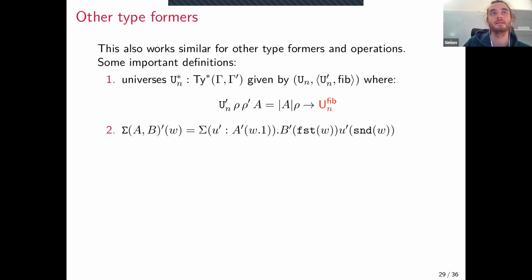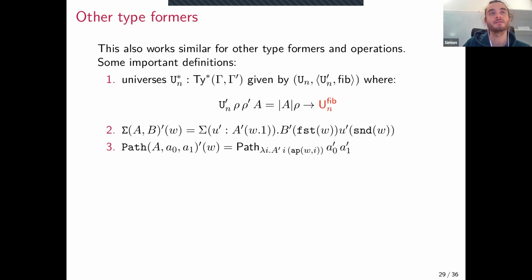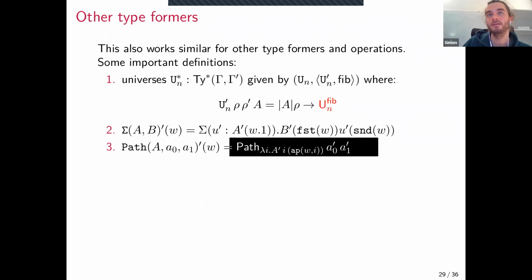And then I can flash a few other equations. Here I omitted the context. An element of a sigma type is computable if the first component is computable and the second component is computable. So this is kind of what you would expect. And the computability predicate of the path type is a path type of the presheaf topos of the underlying computability predicates.